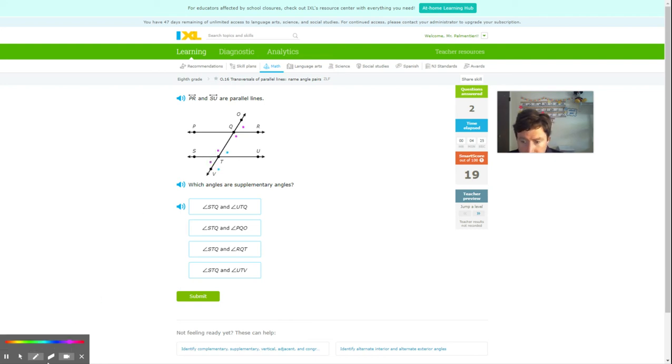Okay, so technically I could just dot all these, and you just kind of have to follow me on this one. So I'm going to do my first one, STQ. So this angle here, and they're going to add it with UTQ. They're saying if I add these two together, I'm going to get 180.